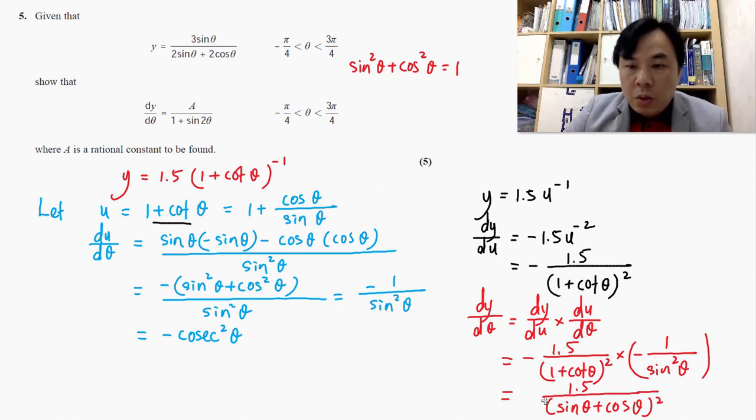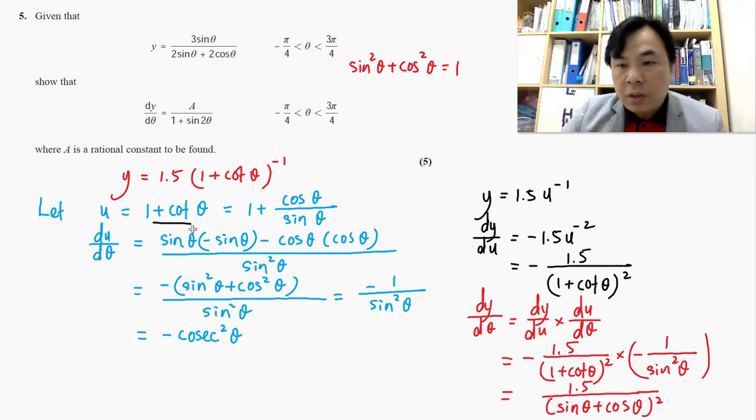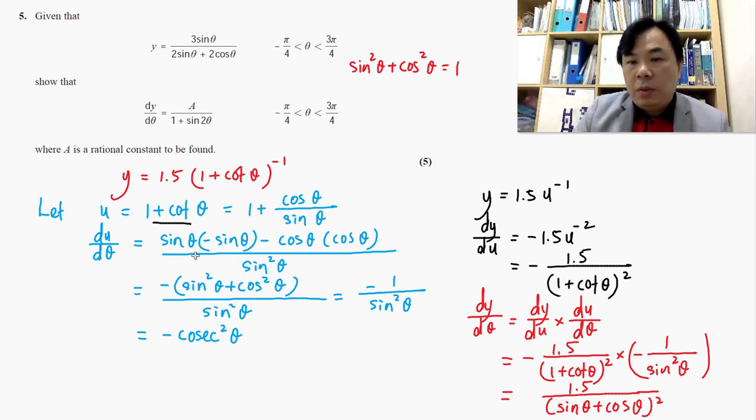So I'm going to finish this up. Let me erase off these sections that we don't need. I'm going to pause here for a while so that you can check through. This is our current final answer here. Okay. Now let me erase off this.